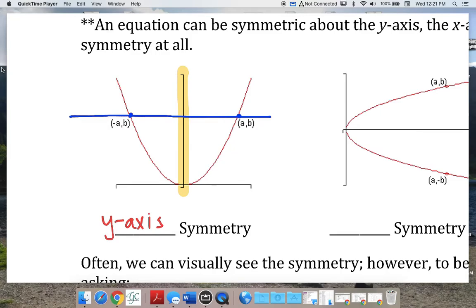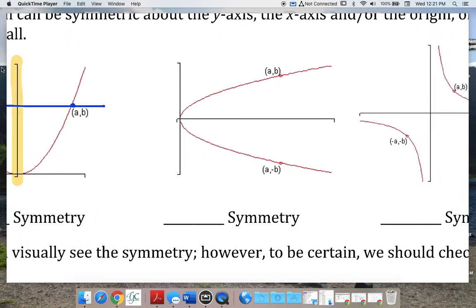So this will become important later when we check for symmetry. All graphs that are symmetric about the y-axis can be found using these points where the y value stays the same but we change the x value, and that has to be true for a graph that is symmetric about the y-axis.